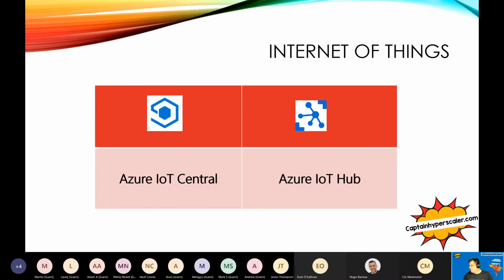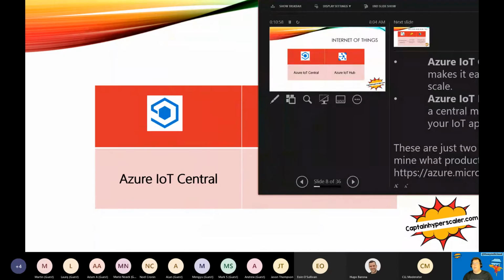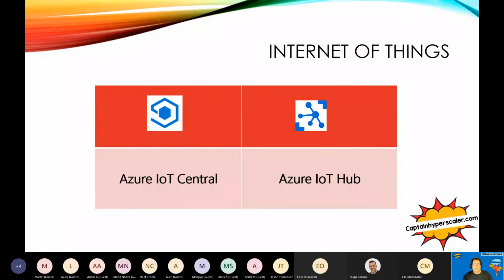So some of the key services around Internet of Things are really IoT Central and IoT Hub. IoT Central is really a fully managed SaaS solution for Internet of Things. What it does is it connects, monitors, and manages all of your IoT assets.